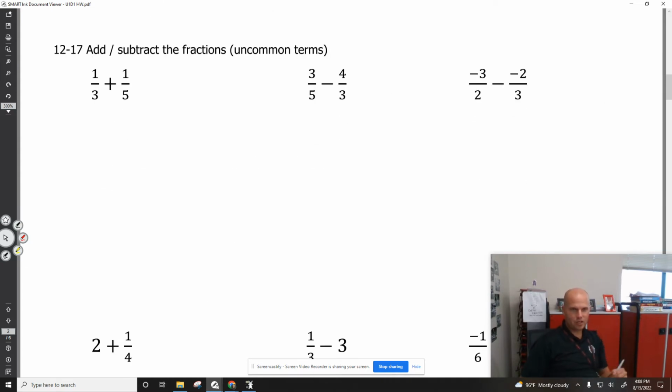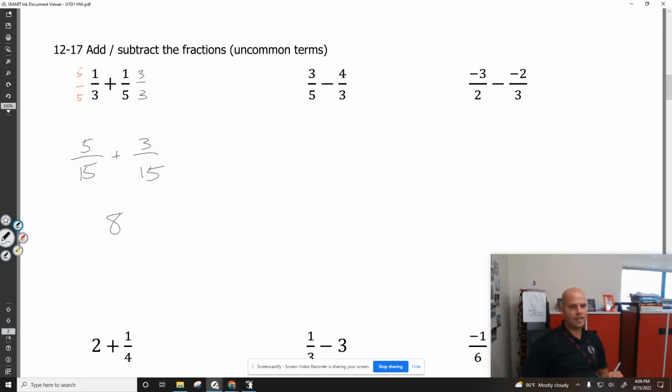If they are not like terms, and it's not easy to change one to turn into the other, let's just work together so that they are like slices. So what we like to do is multiply by the other's denominator so that they end up having the similar size and then differing amounts. 5/15 is the same as having 1/3. 3/15 of a pizza is the same as having a fifth of a pizza.